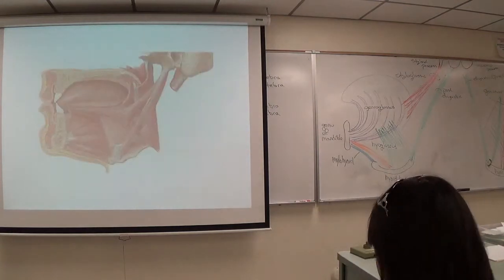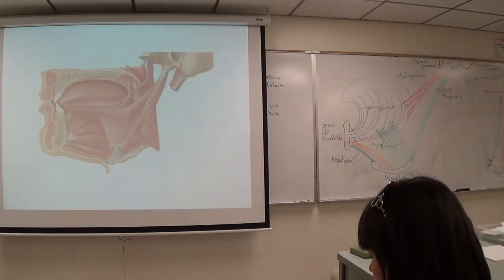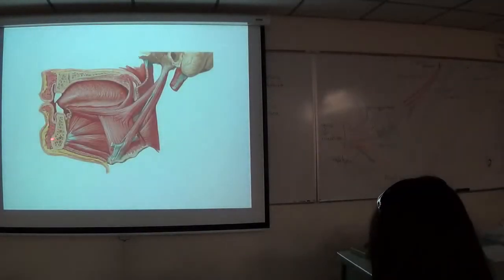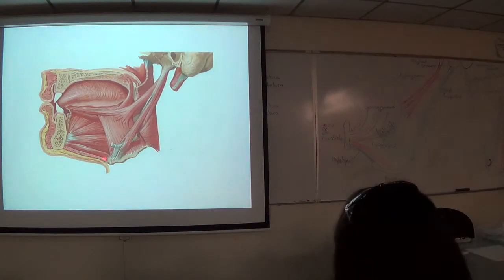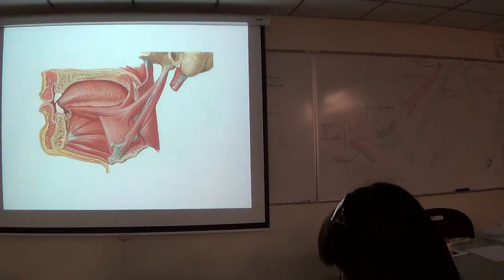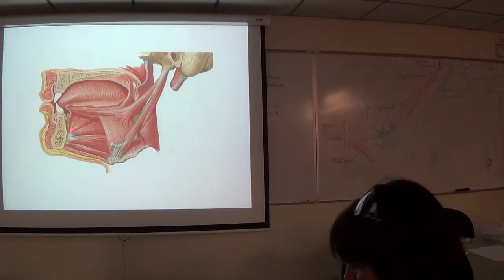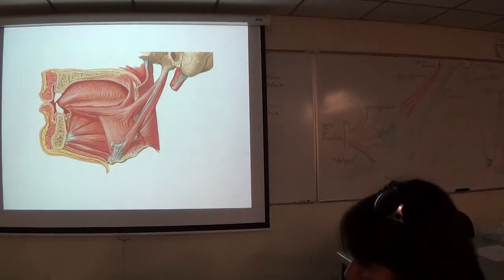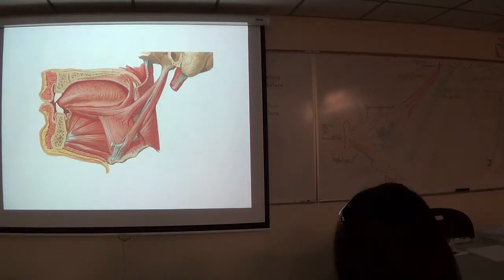So again, if we look at this view here, let me turn the lights off. So the very most inferior one is mylohyoid. Then we would have geniohyoid, and then we have genioglossus in all of this. All right. Now there's one more hyoid, and then I'll let you take pictures.